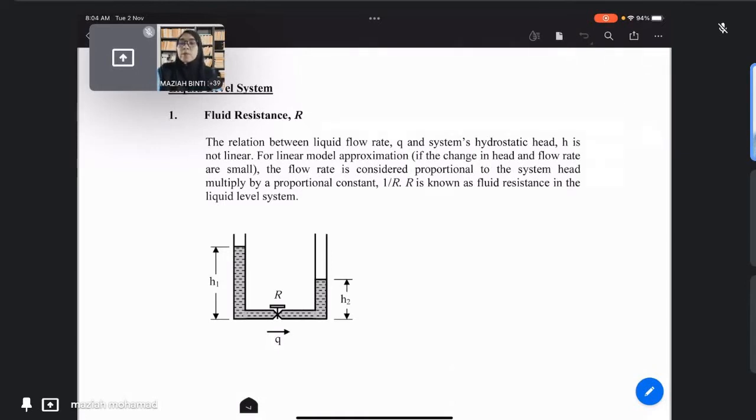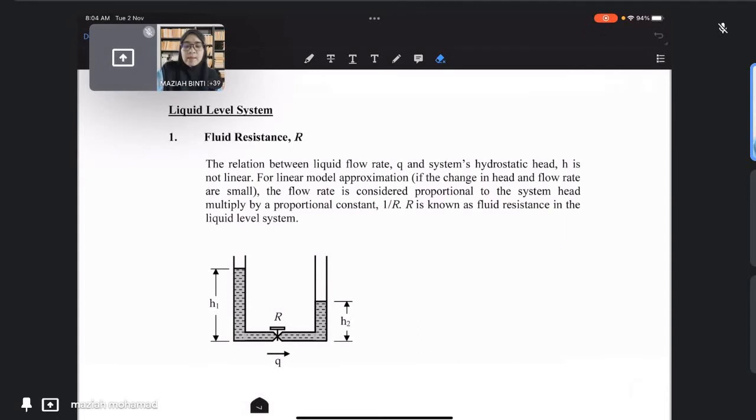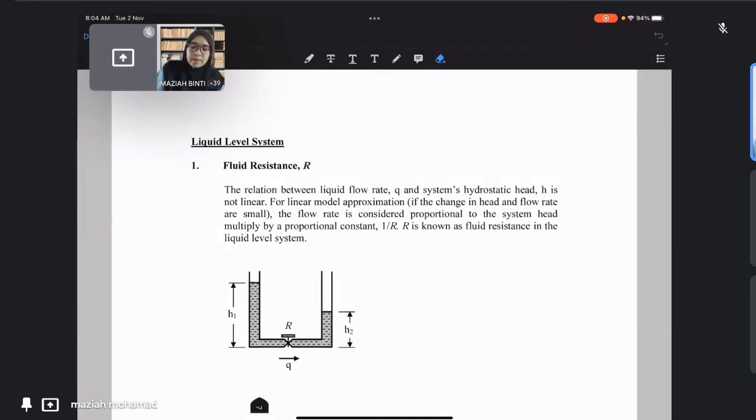All right, so let's just continue with liquid level system. In the liquid level system, there are 2 basic equations that govern the relationship between the parameters in this system. The first one is based on the fluid resistance, R here.